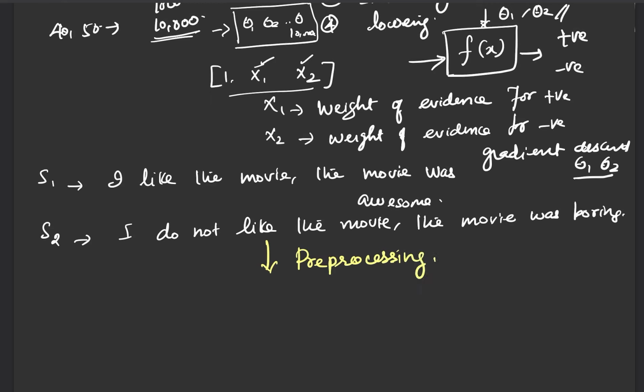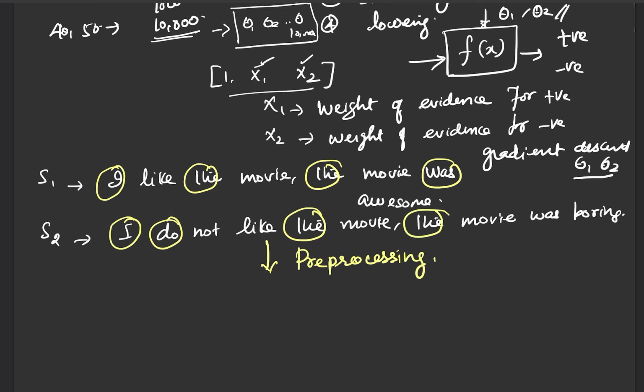Next step is we need to apply the pre-processing step. In the pre-processing step, the words like I, the, do, was, these words will be removed.